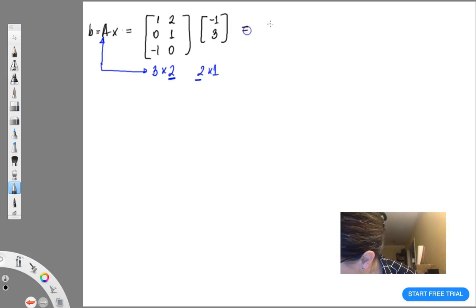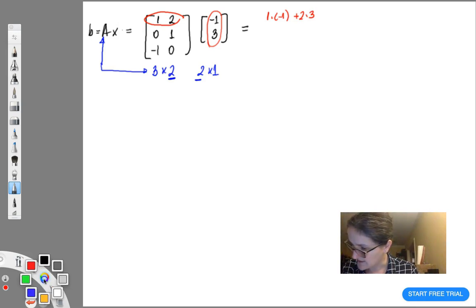Now that I have that, I'm going to proceed with the multiplication. I'm going to do the first element. It's going to be my first row dot this vector here. So my first element will be 1 times -1 plus 2 times 3.